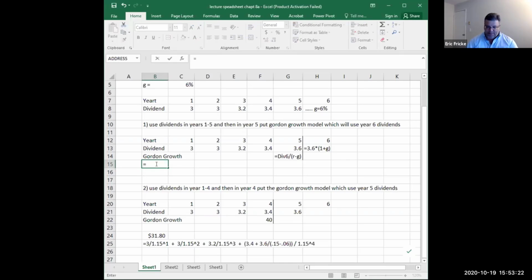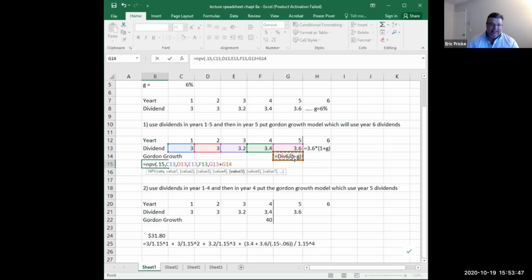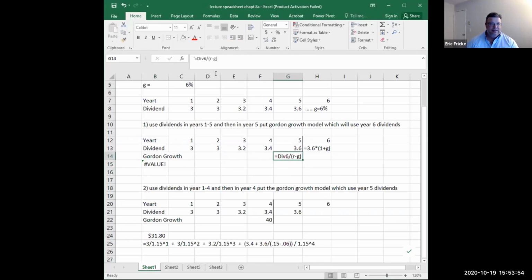So let's go NPV, and we know it's a 15% discount rate, and we're going to do this, comma, this, comma, year 3, comma, year 4, comma, year 5, right? And then we're going to add in the Gordon growth model right here. I'm going to have to go ahead and calculate that. So there's going to show an error in the formula first here, but let's go ahead and fix this.